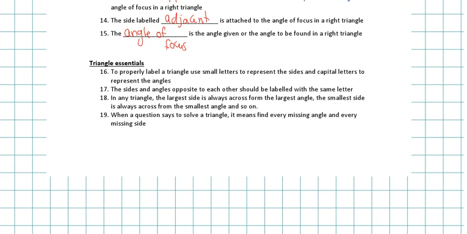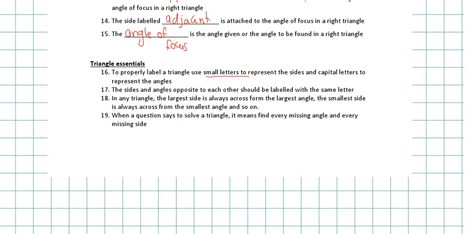To properly label a triangle, use small letters to represent the sides and capital letters to represent the angles. Okay? Can you just eyes on the board for a minute?